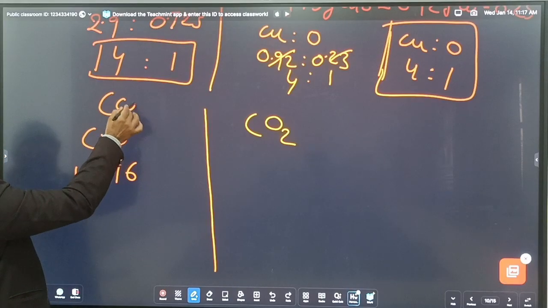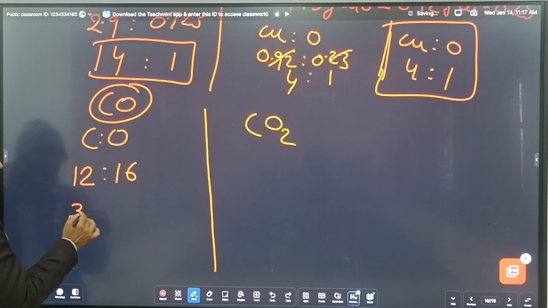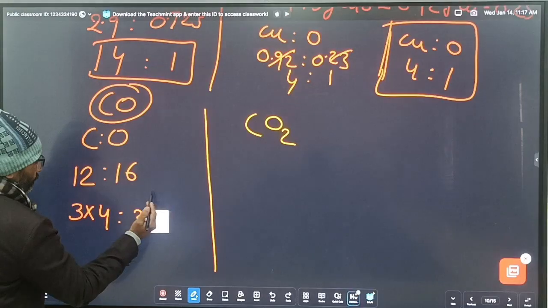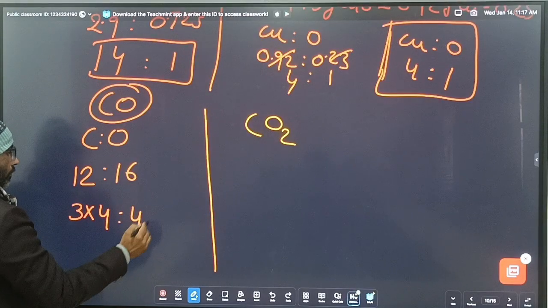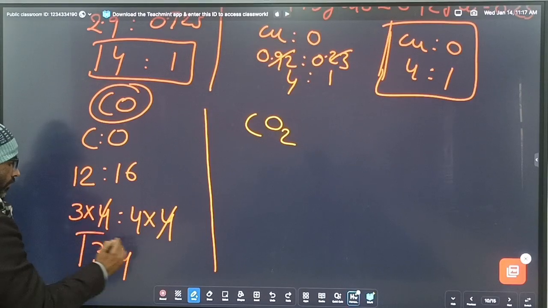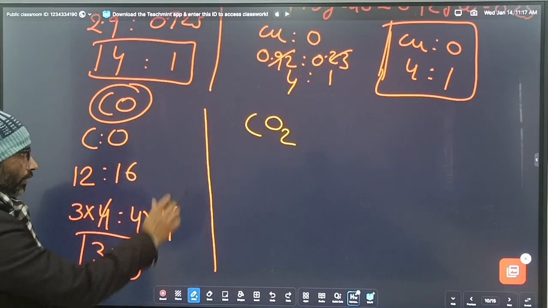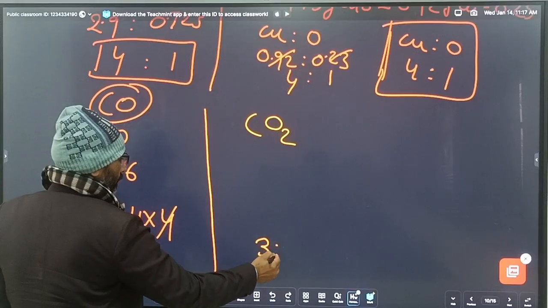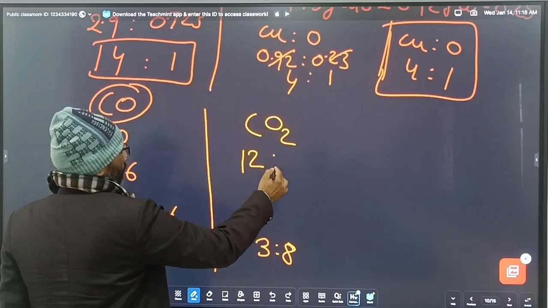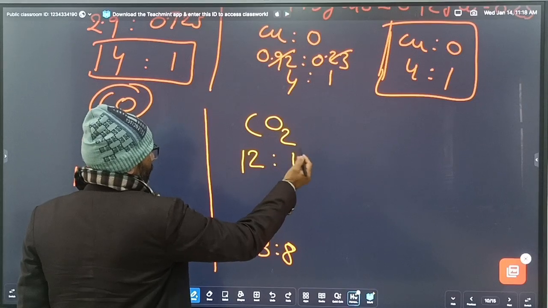For carbon monoxide, we can simplify it, and it comes out 3:4. But in case of CO2, the mass of oxygen is doubled. There are two atoms, so it comes out 3:8. How? Mass of one atom of carbon is 12 and mass of two atoms of oxygen is 32.